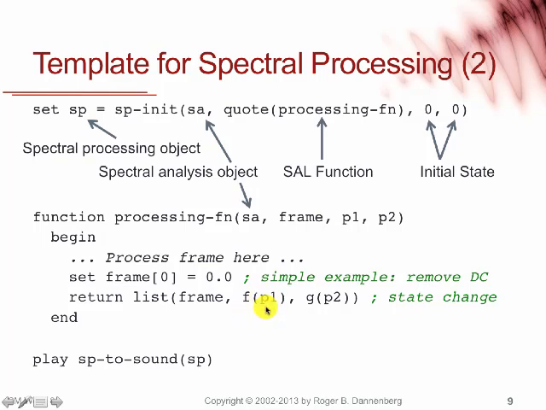There's an example in the code we provide where part of the state is just a counter that counts how many frames, and so the return value here is P1 plus 1. All of these things, the frame and each element of the state, are packed into a list, and that's returned from the processing function. And then the actual underlying object retains the state and prepares to call again when the next frame is needed.